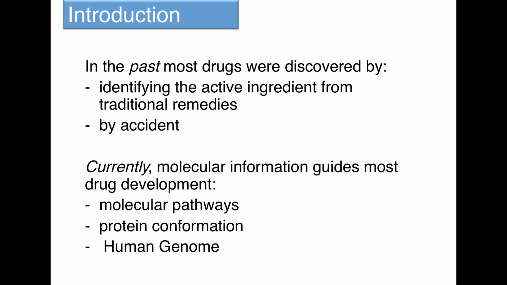But the compounds that we're screening, or the compounds that we're testing, we have information about based on molecular pathways, protein conformation, and gene sequence. So we have information about the proteins or the compounds that we're testing, but we're doing it in a way that makes it like we're just looking for something in a huge, huge number of compounds.